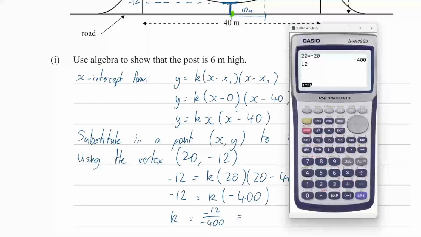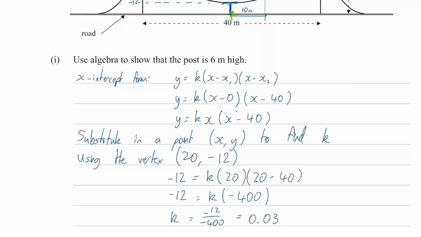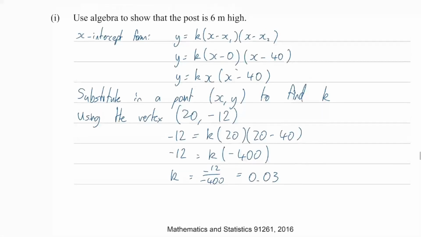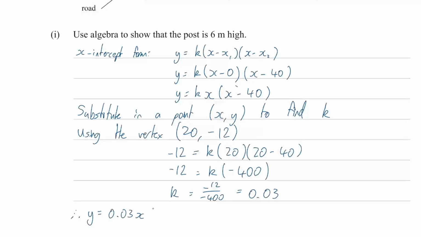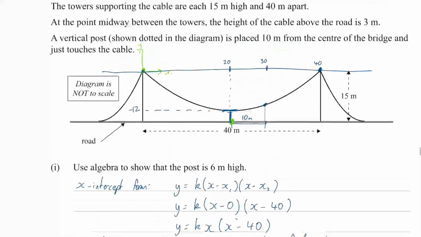And so negative 12 divided by negative 400 is 0.03. Putting that into our equation, therefore our model is y equals 0.03 x times x minus 40. All right, so we've characterized our model.